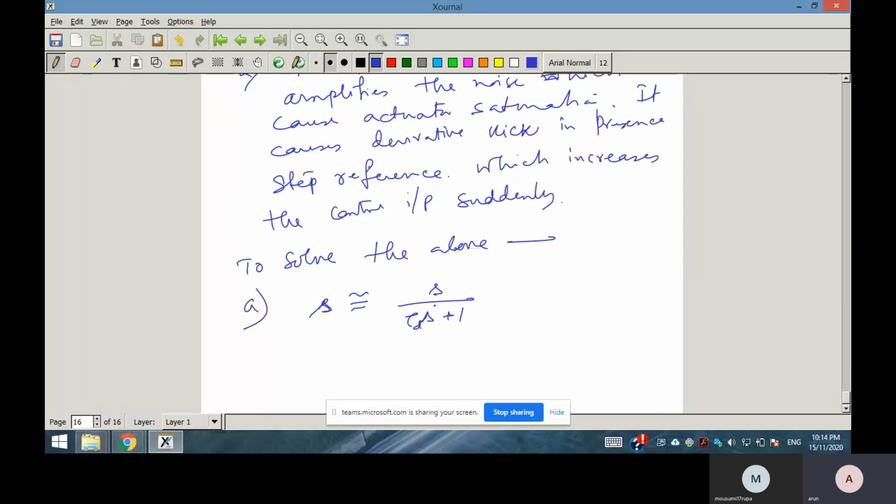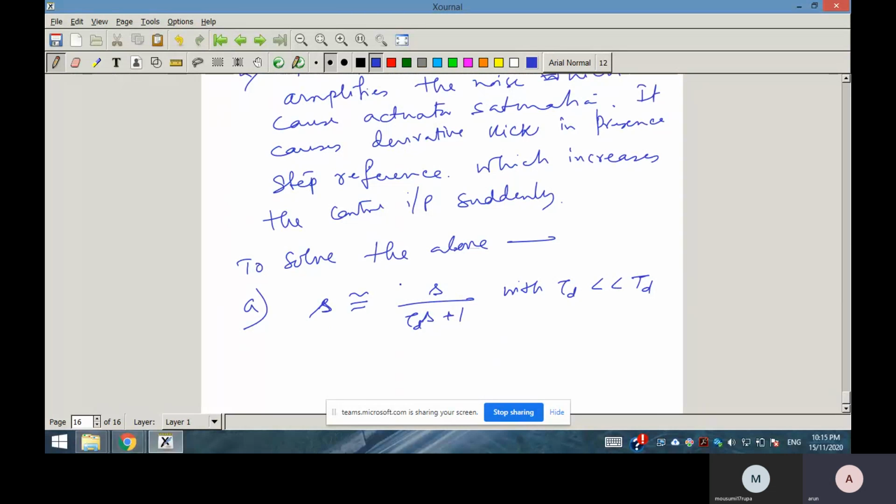That means we are making it proper, with tau d much less than td.